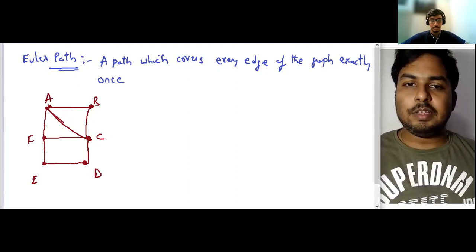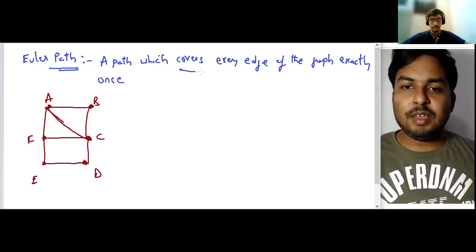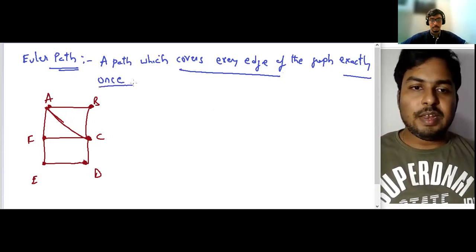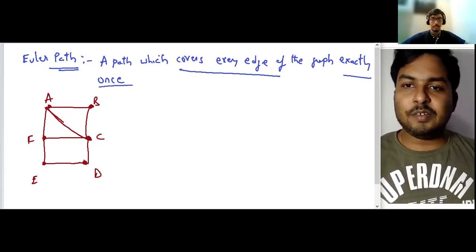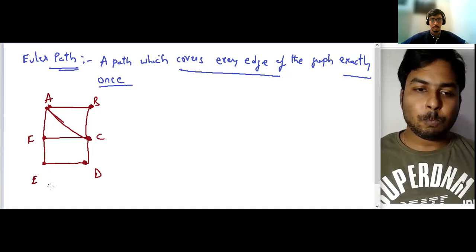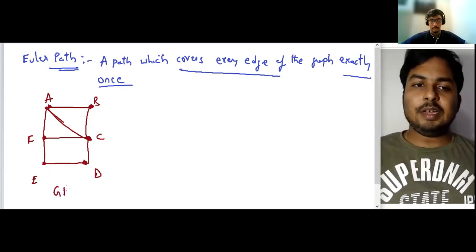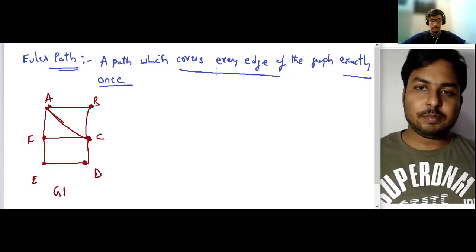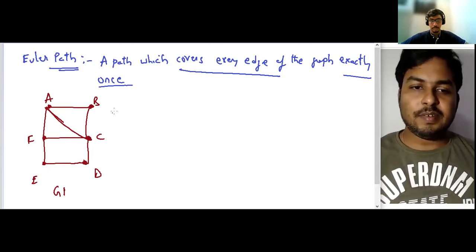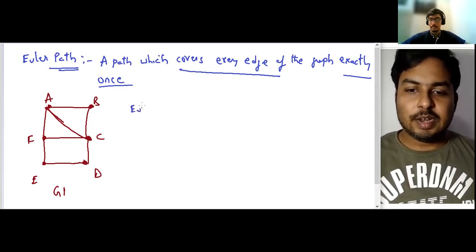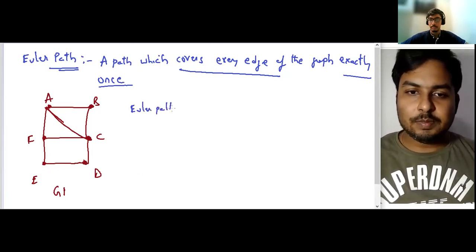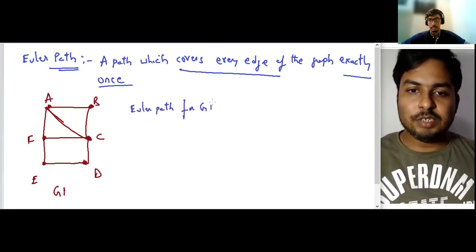A Euler path is a path which covers every edge of the graph exactly once. So, if someone has given me this graph G1, and they're asking us to write the Euler path for this graph.